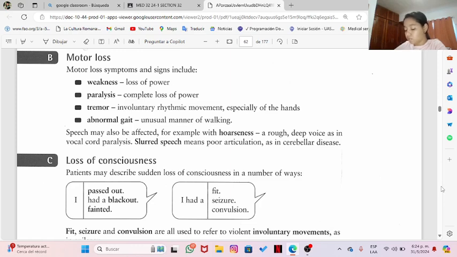Speech may also be affected, for example, with hoarseness, a rough, deep voice as in vocal cord paralysis, slurred speech means poor articulation as in cerebellar disease.